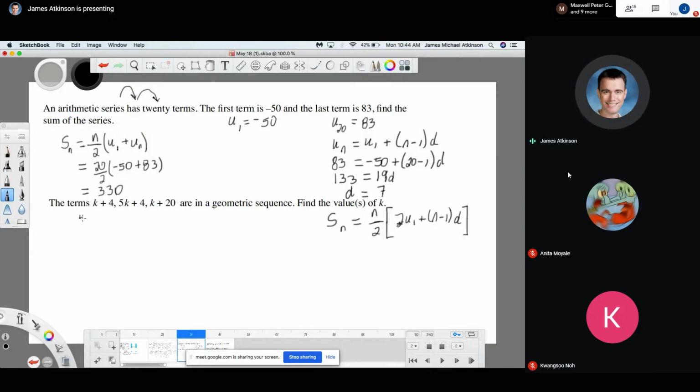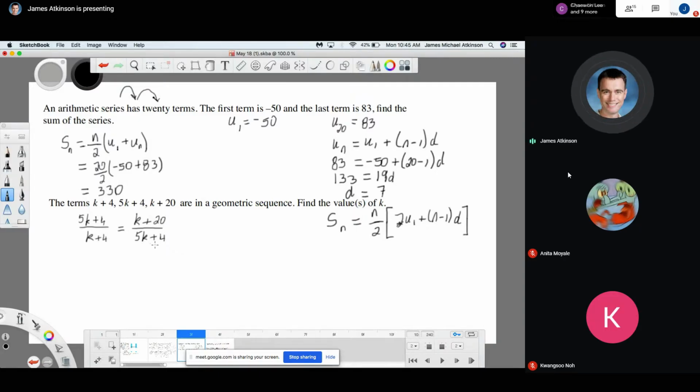So the second term divided by the first term will be in the same ratio as the ratio between the third and second terms. Don't forget that you need to change the order of the terms when you're either subtracting or dividing them. We're doing the third divided by the second in order to find out what that common ratio is. Okay, so this thing is the common ratio, this thing is the common ratio, and because the ratio is common, these things must be equal to one another.